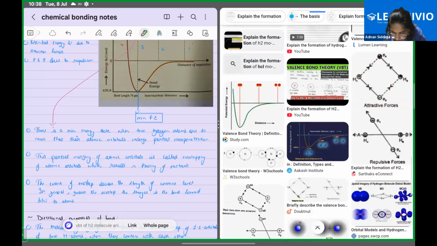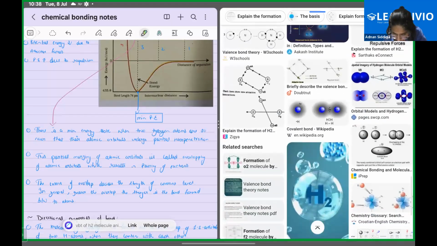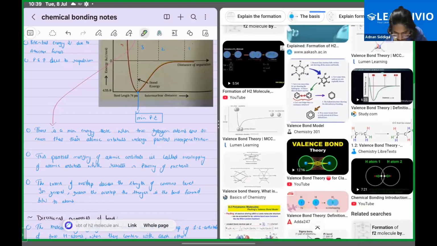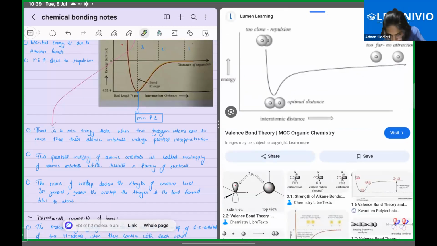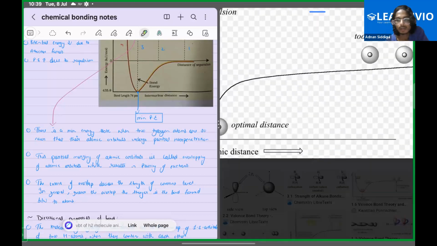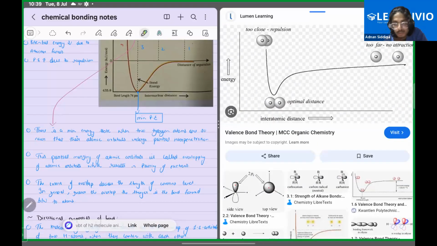See, this is very simple, and I will do my best so you can understand it with the simplest efforts. I think this might make more sense. Is my screen visible? At this point, when the two atoms are not so close to each other, at the right side, the potential energy is near to zero.